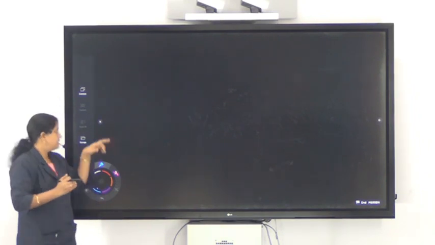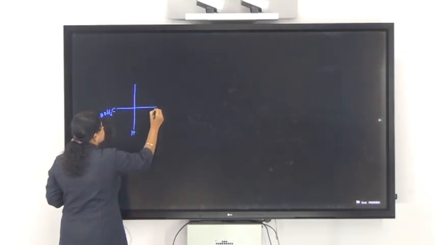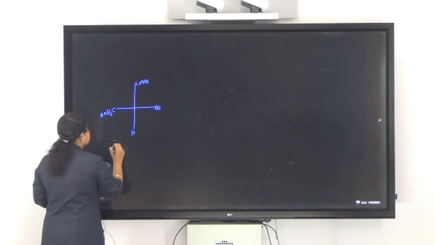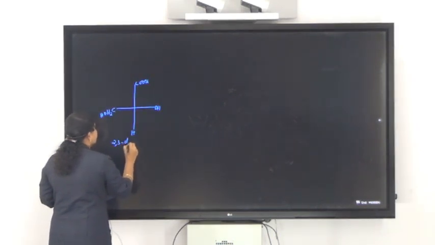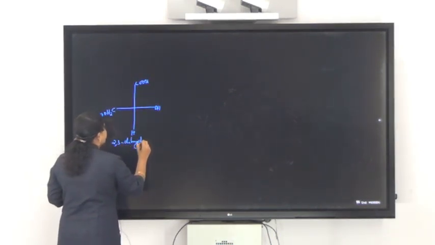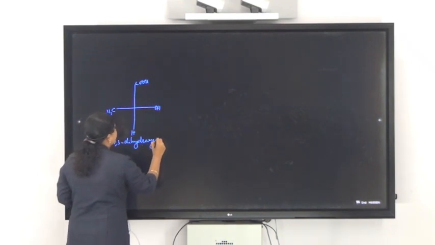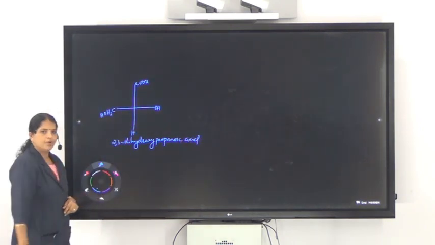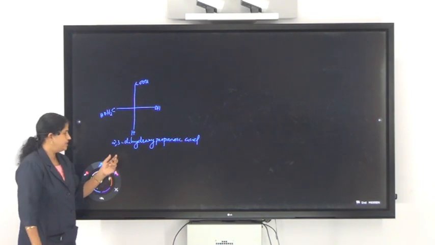So we can see different examples for this. First, consider a molecule. This is 2,3-dihydroxy propanoic acid, otherwise lactic acid.